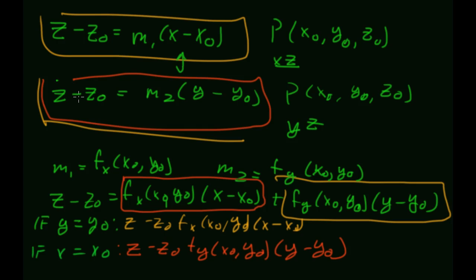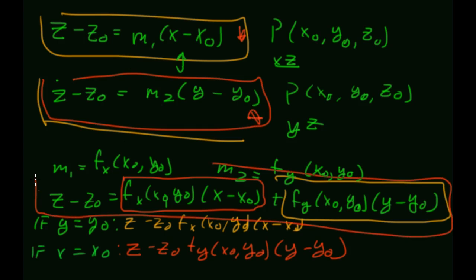This tells me that this line and this line are parts of this plane. So this is the plane that is determined by these two lines.